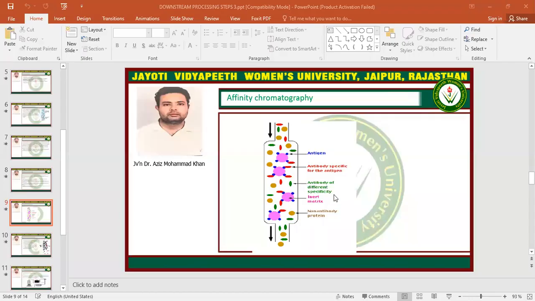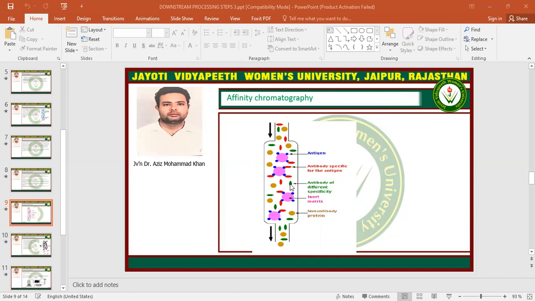Affinity chromatography and size exclusion chromatography, I must explain with the diagram. This is the affinity chromatography diagram, where the antigens are bound by the antibody. This is the antibody specific for the antigen, and the antigen will bind to this antibody molecule, and they will be separated.